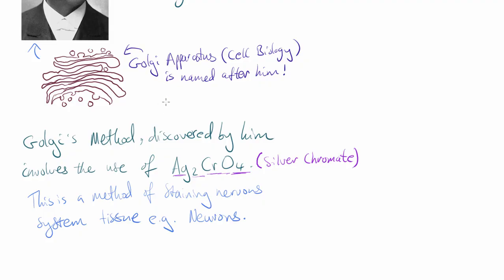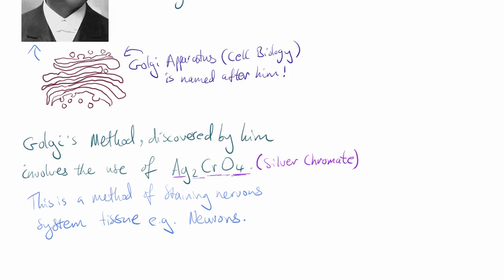So obviously, as you can imagine, that's quite important scientific work. But this is just some information about silver chromate. One of the other methods which silver chromate has some relevance to, which in the context of chemistry is perhaps closer to home than staining of nervous system tissue, is titration.